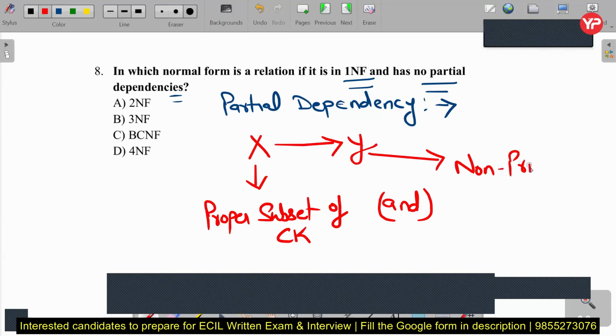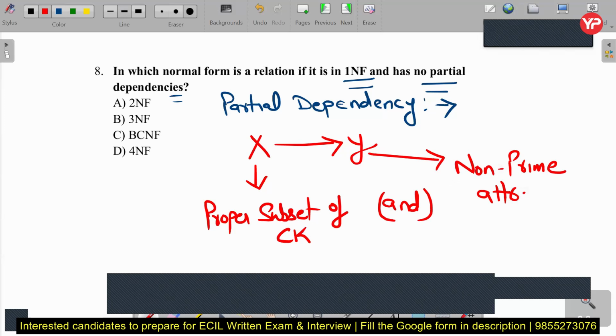What is a prime attribute? One which is part of any candidate key. Non-prime is one which is not part of any candidate key. So this is called partial dependency.